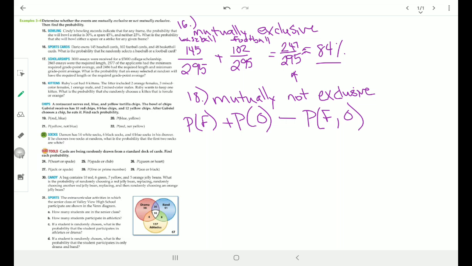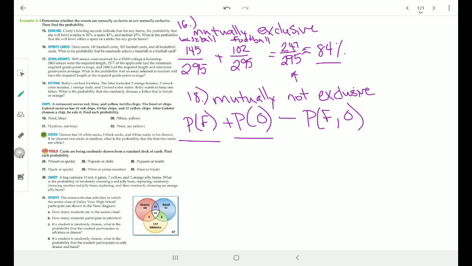Because in the probability of the female, we're counting that orange female cat. In the probability of the orange cats, we're also counting the orange female cat. So we're counting it twice. So this subtraction here takes away that extra count of that orange female cat that we don't need.